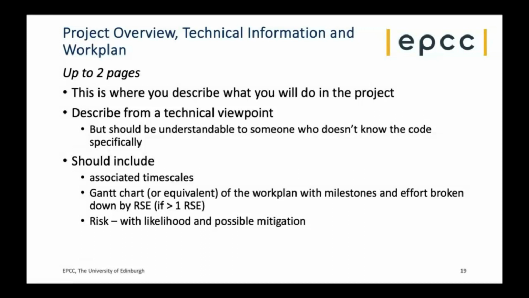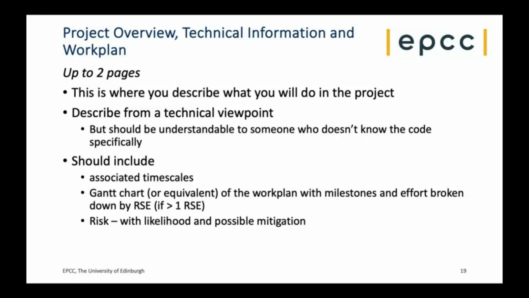The next section is then the project overview, the technical information and work plan. You've got up to 2 pages here. This is where you basically describe what you're going to do, and you can describe this from a technical viewpoint. It can include technical information, but it should be understandable to someone who doesn't know the code specifically.